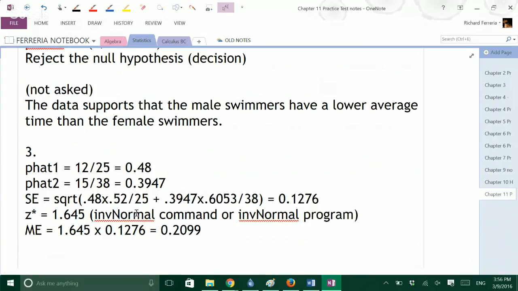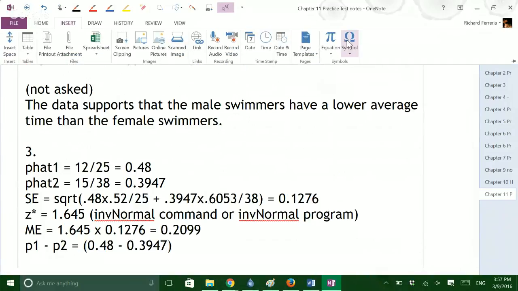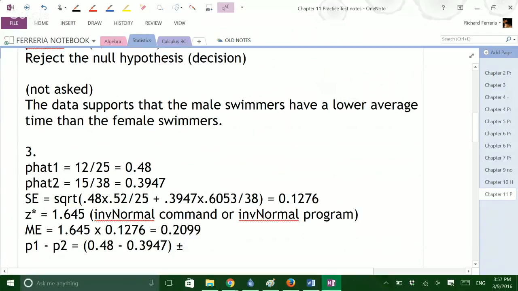So the confidence interval then, P1 minus P2 is going to be equal to 0.48 minus 0.3947, plus or minus 0.2099.